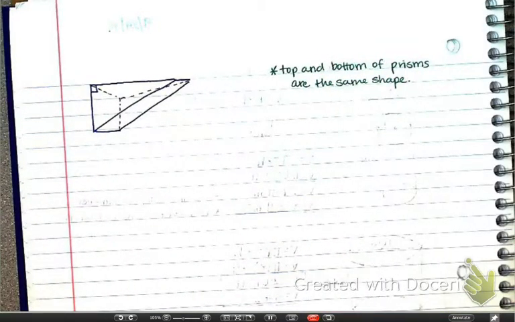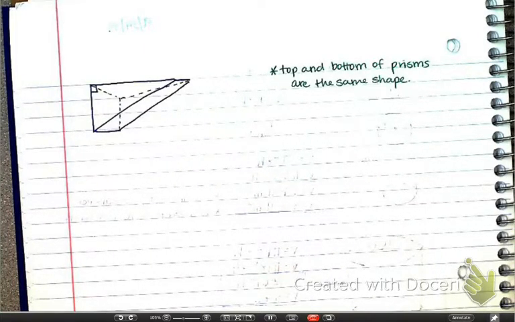This is super important as we're going to be solving. Because if you look at this, I see a couple different shapes. So once you're done writing that, I want you to put your pencil down so I know you're listening, and I want you to look up at the screen. So the top and bottom of prisms are the same shape.